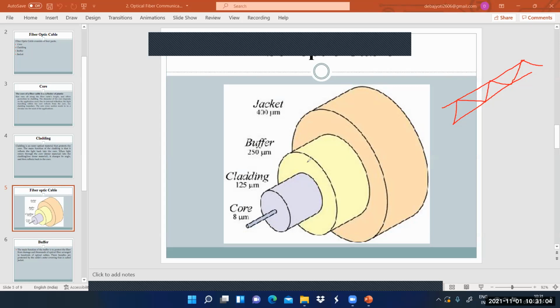The jacket is the outermost layer, and it is also effective for protecting the optical fiber cable from outside effects. So this is the purpose of the buffer.